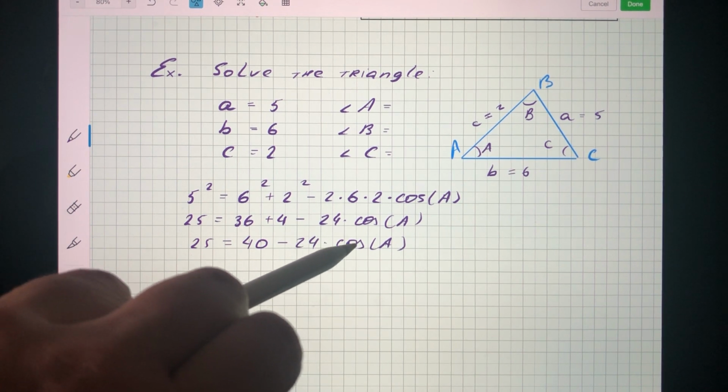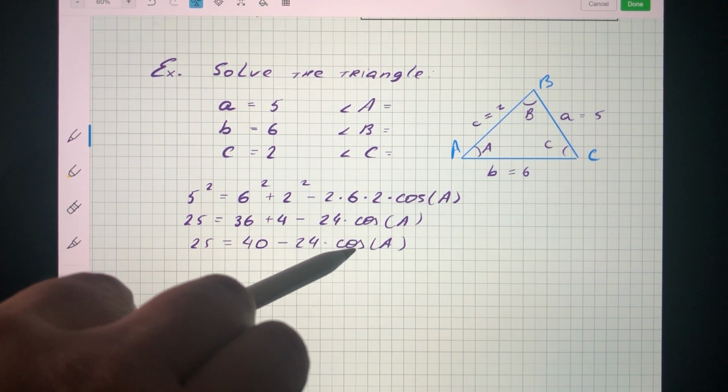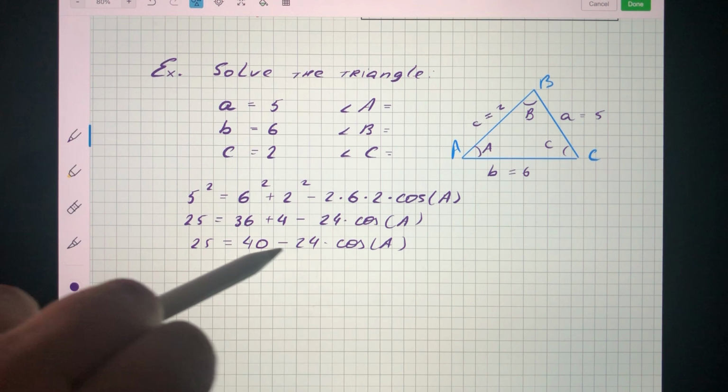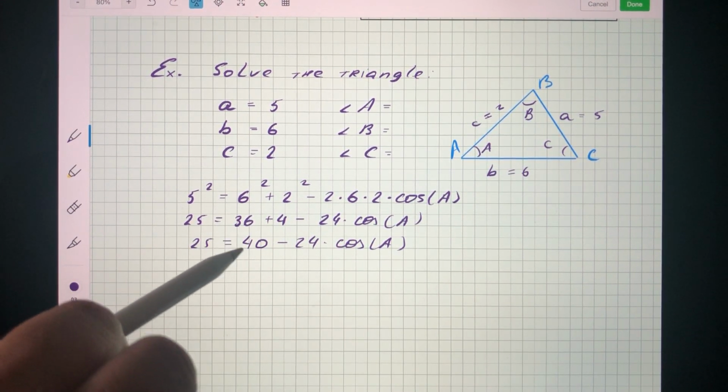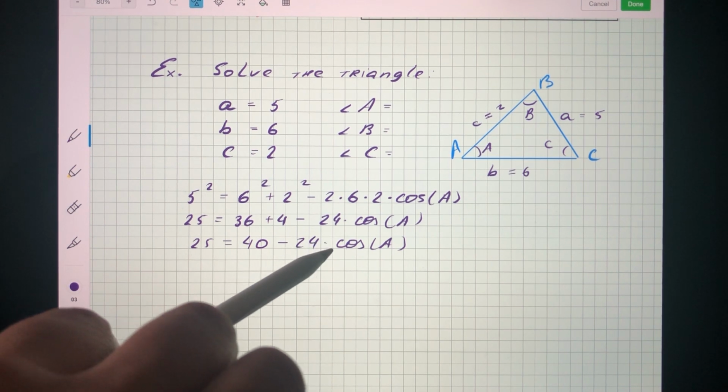But we are going for the cosine A, which means we have to undo everything that is on the same side with the cosine A, which means we have to cancel the 40 and cancel times by negative 24.